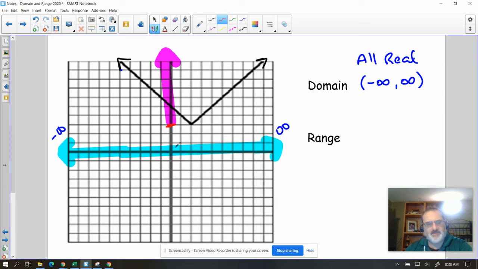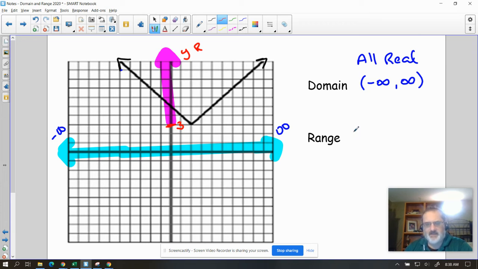That point is 3 on the number line. Remember, y is for range. So I dropped all these points to the y-axis, and they covered here. Then I dropped all these points to the y-axis, but there's nothing to drop down here. So I have to cut off my range.